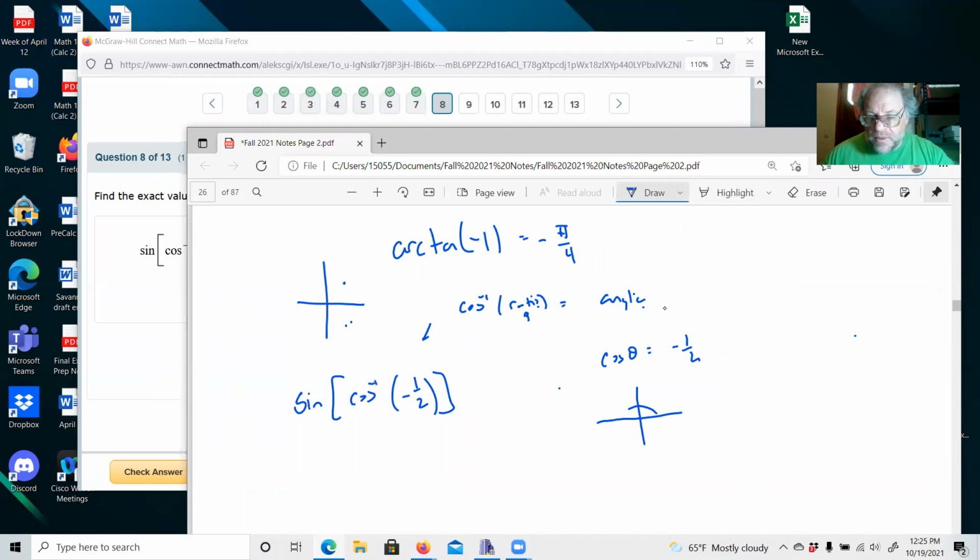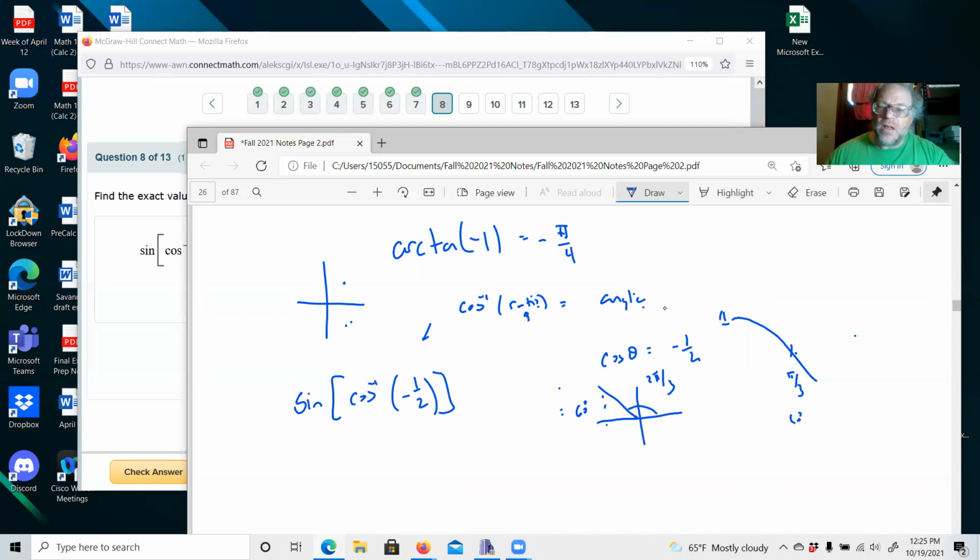All right, because cosine does this. It starts up at 1 as we're going through the angles. Pi over 3, 60 degrees is going to be closer to the 0, 1, because pi over 2. So this is actually going to be 2 pi over 3.